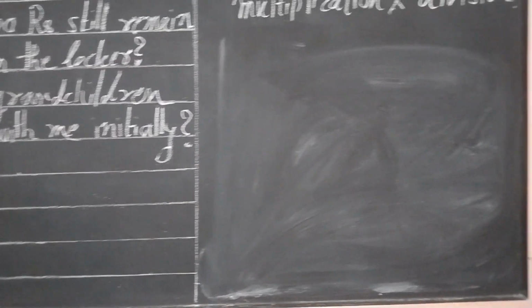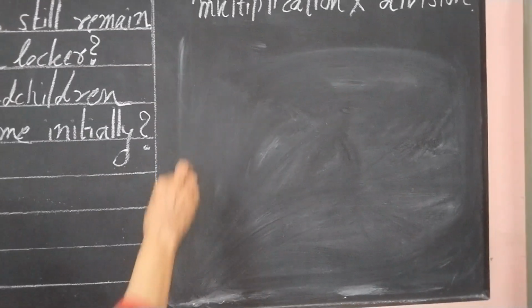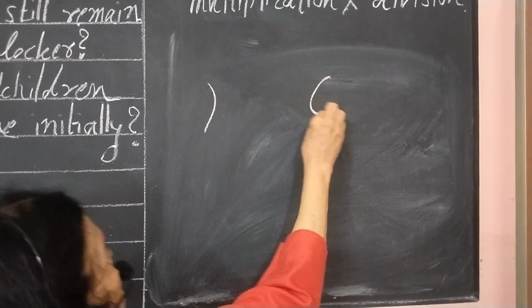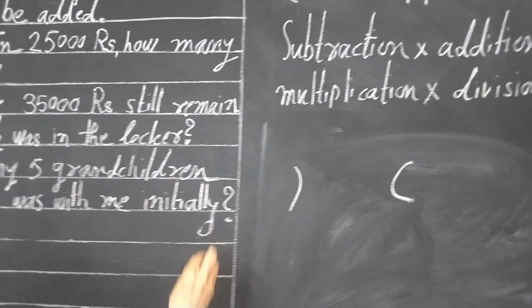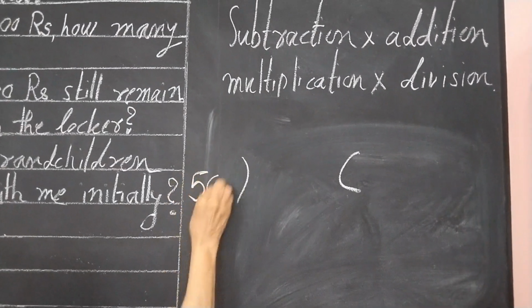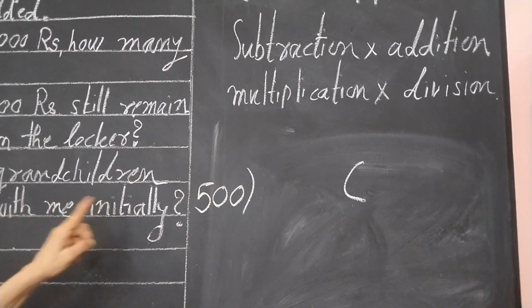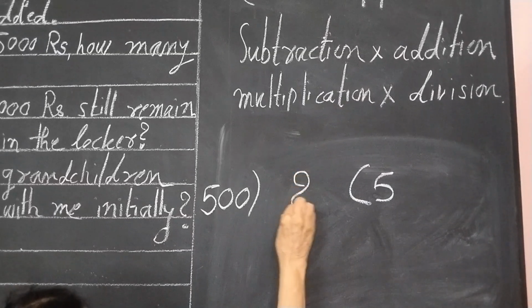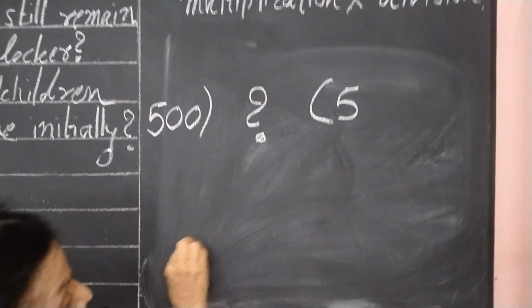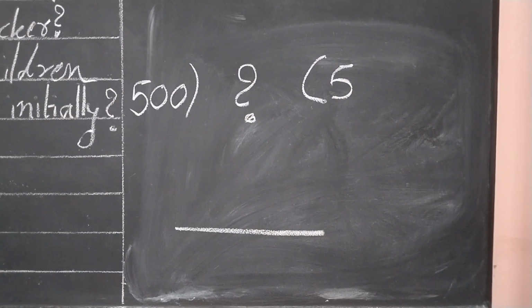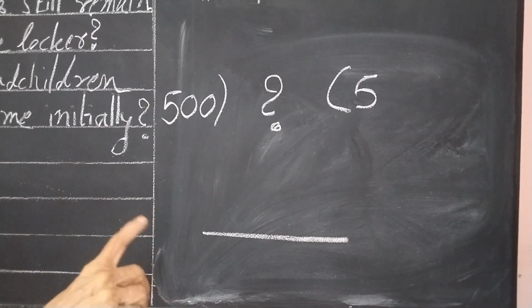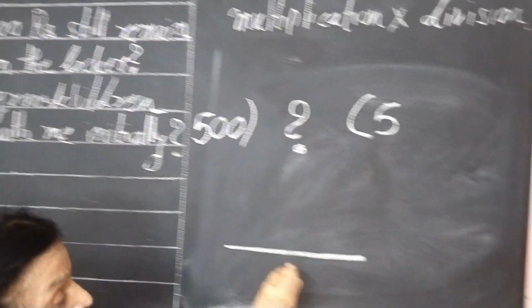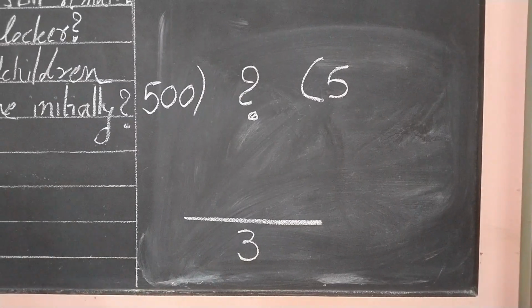The minute these words come, we know that it has to do something with division. So here we go. Equal distribution of rupees 500 among how many? 5 grandchildren. This part we do not know. But we know that after distributing equally, I am left with 3 rupees. So 3 rupees is the remainder here.